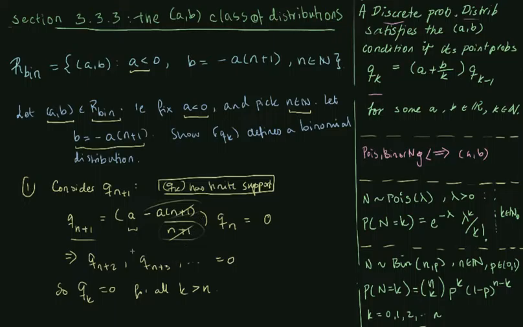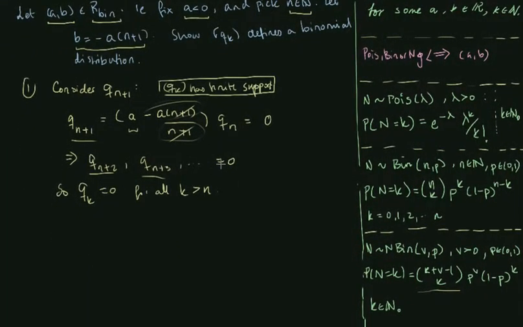So in turn, this implies that q_{n+2} will be 0, q_{n+3} will be 0, and all the q_k will be 0 for all the k that are bigger than n. Because when I calculate q_{n+2}, all I do is take q_{n+1}, put it inside the formula, and multiply by something. But q_{n+1} is 0, so the next one will be 0, the next one will be 0, etc.